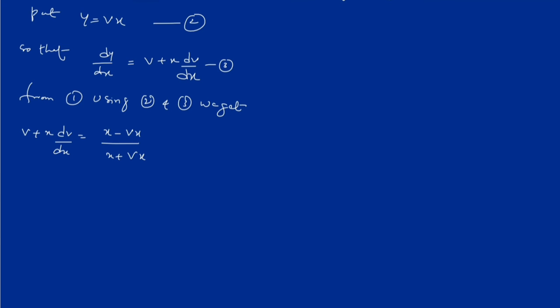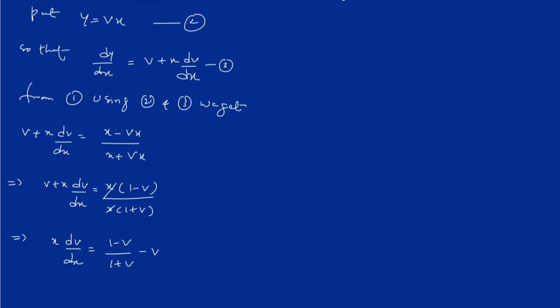We have substituted y equals vx. Taking x common, we get (1 minus v) upon (1 plus v), x gets cancelled. So we get x dv by dx equals (1 minus v) upon (1 plus v) minus v, taking v from the LHS to the RHS.